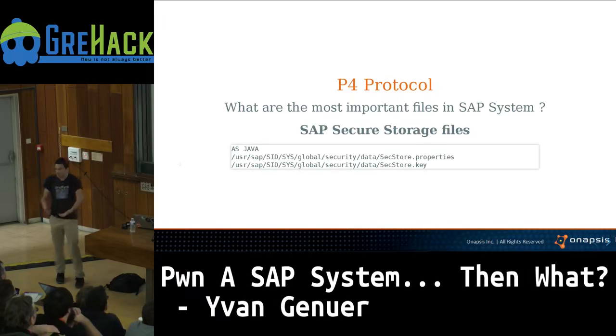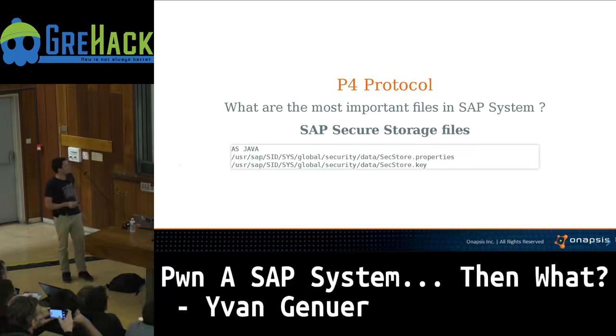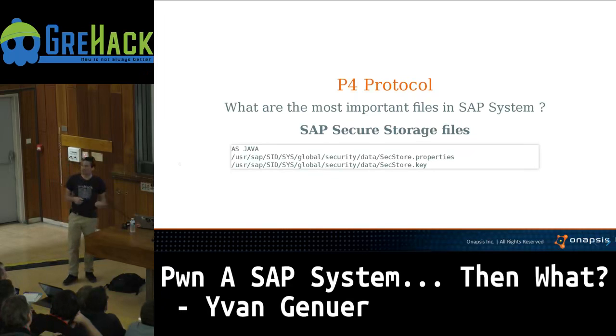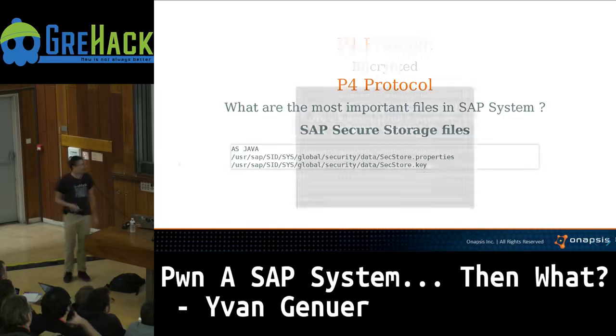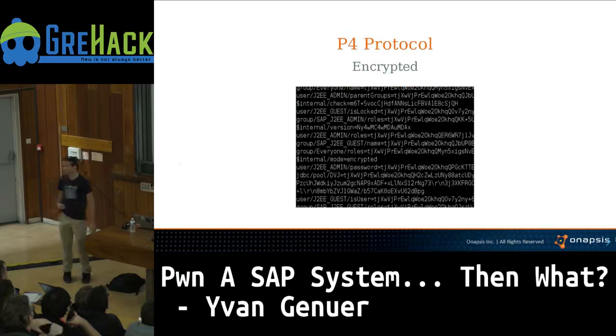The path is a well-known path because it is every time on this path. So user, SAP, and SID; I just replace the SID by the real SID name. Using the P4, you can retrieve this file remotely without authentication, but the file is, of course, encrypted.